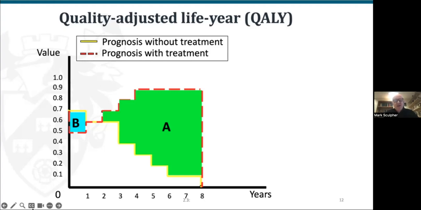And similarly, once side effects are recovered from and a patient's health improves, how would the patients or the public put a preference weight, one of these values, to the improved quality of life over time and to the worsening quality of life over time? So we have to generate that type of evidence.